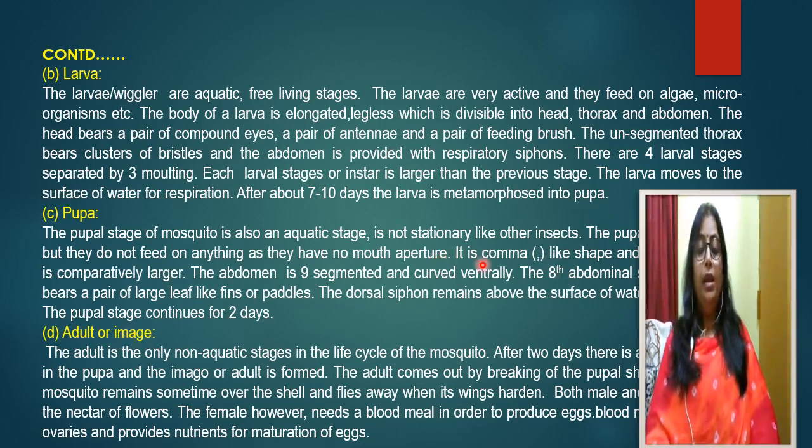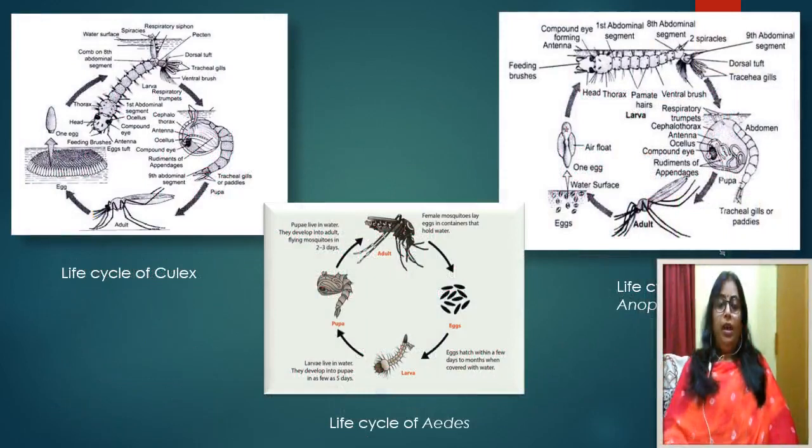Both male and female mosquitoes feed on nectar of flowers, but the female needs a blood meal for production of eggs. Next, in this picture we show the life cycle of Culex, in this picture the life cycle of Aedes, and in this picture the life cycle of Anopheles.